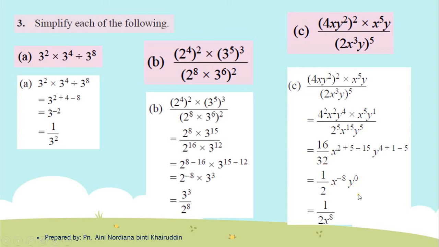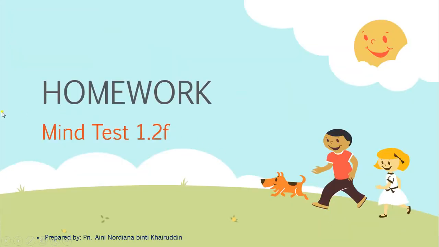As I mentioned earlier in this video, y to the power of 0 equals 1. X to the power of negative 8 change to index form. So this will be in the denominator. So the answer is 1 over 2x to the power of 8. So this is your homework.